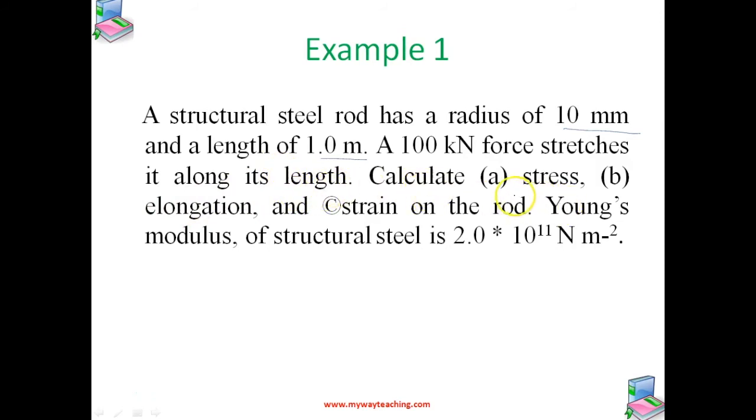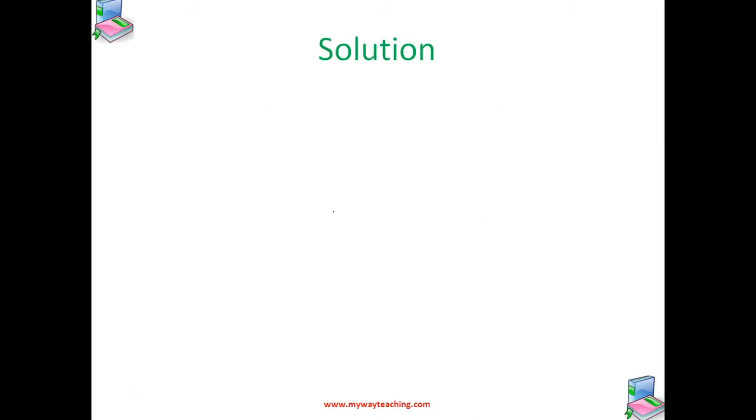Calculate the stress, the elongation and the strain on the rod. Young's modulus of structural steel is given as 2 into 10 raised to 11 Newton per meter square. So let us find the solution for this.